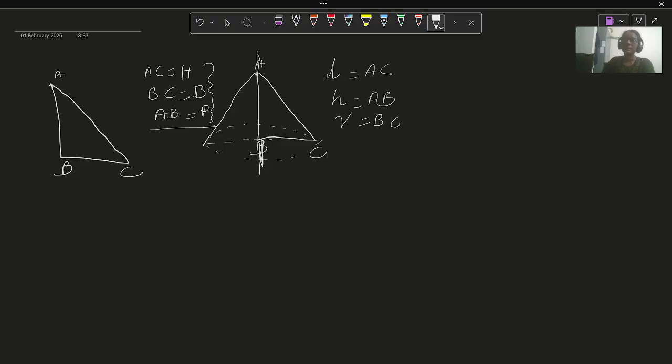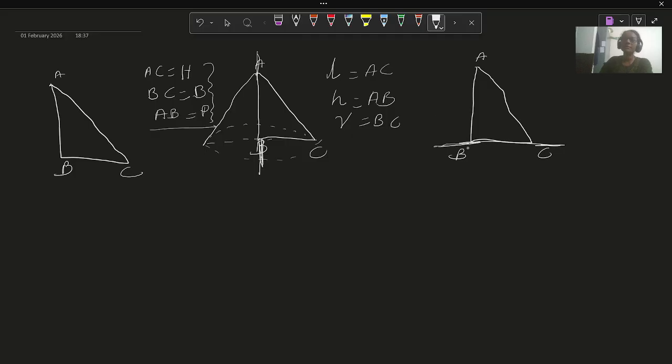Similarly, if we fix the stick on BC, now the axis gets changed. We fix it at BC. Now you have the same right angle triangle, but this time your axis has changed. This is your axis because you have fixed the stick here.